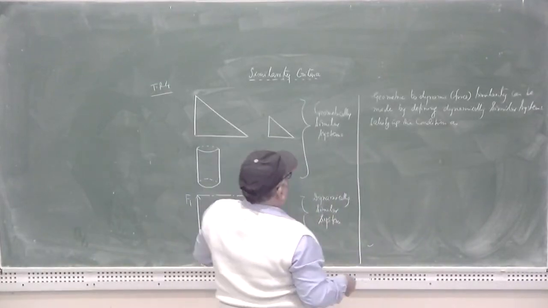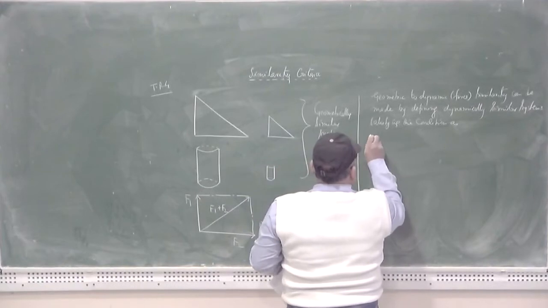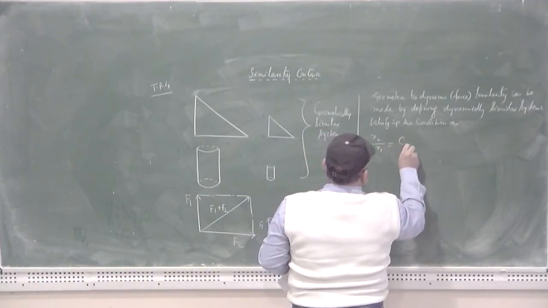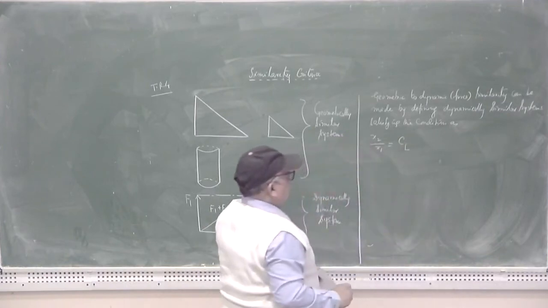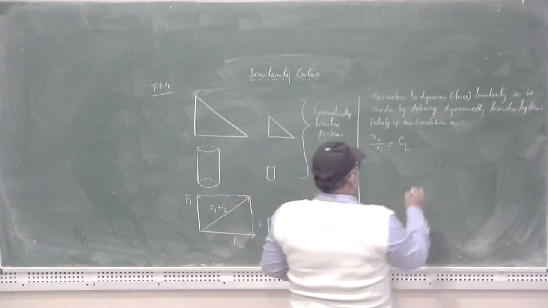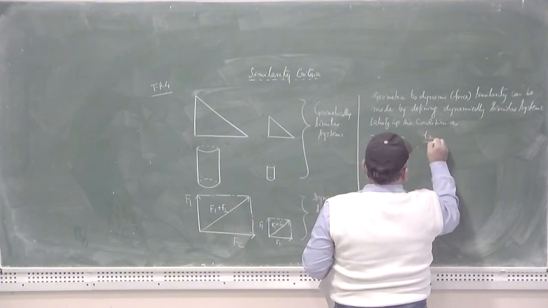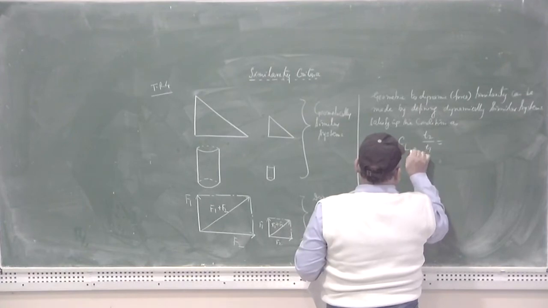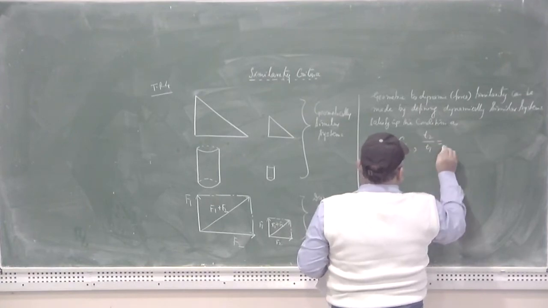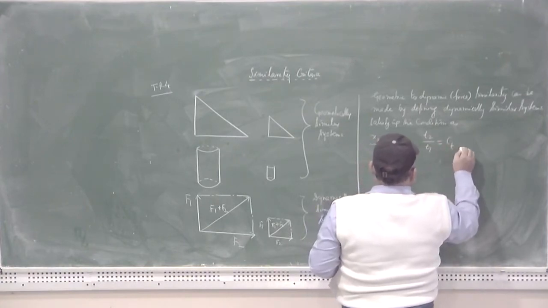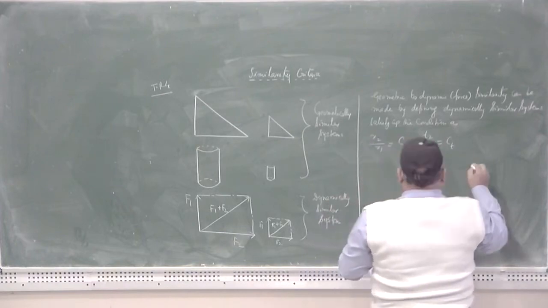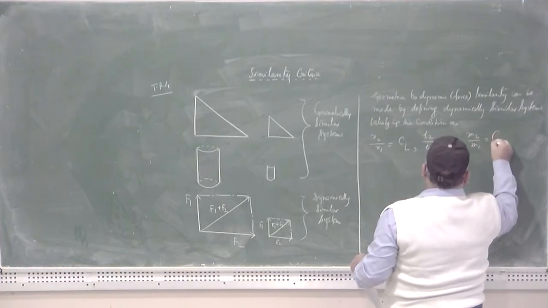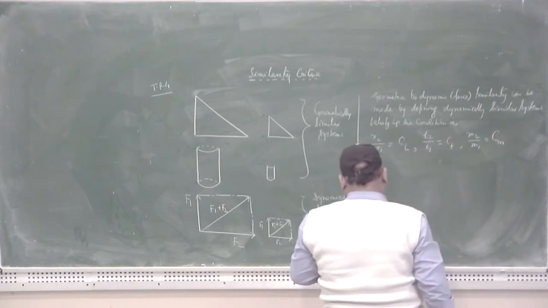Take the ratio x2 upon x1, this is equal to CL, because you are considering a dynamically similar system. So, there should be a time ratio as well, this is called CT. Mass must be there in the dynamically similar system. So, M2 by M1 is equal to Cm.